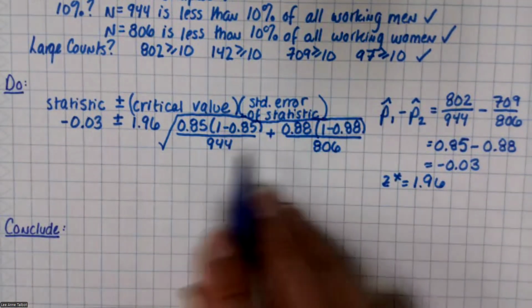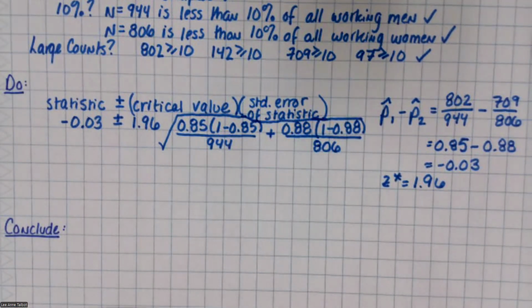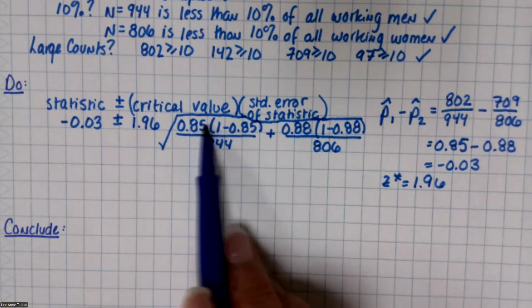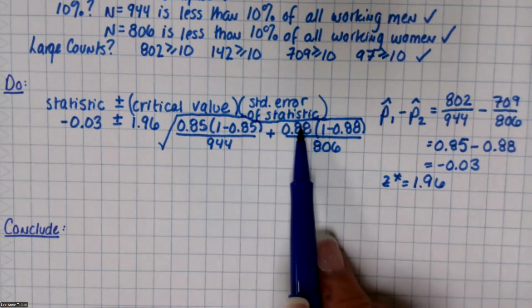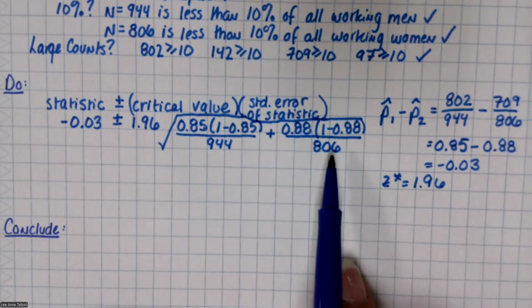That's all underneath the square root, by the way. Do you have any questions about my inputs there? First proportion, 1 minus first proportion, over first sample size. Second proportion, 1 minus second proportion, over second sample size.